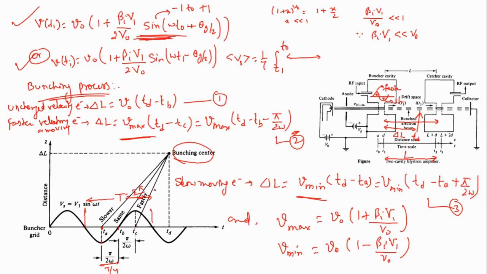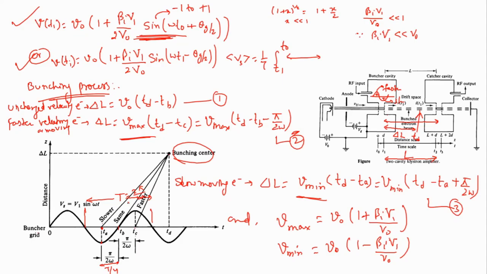Now we saw how the bunching process takes place, and through this bunching process we found the delta L equation. That means the electron leaving the buncher cavity or buncher grid, and the bunching occurs at that point.